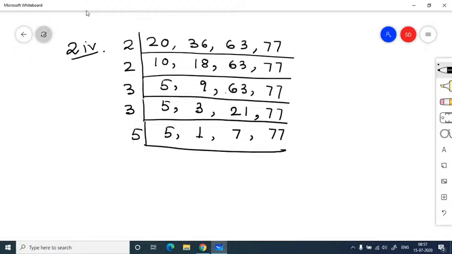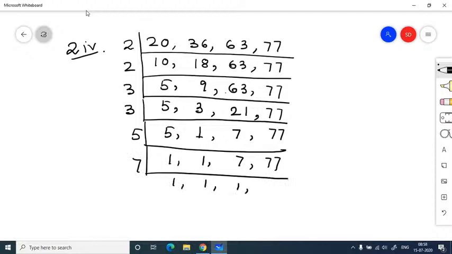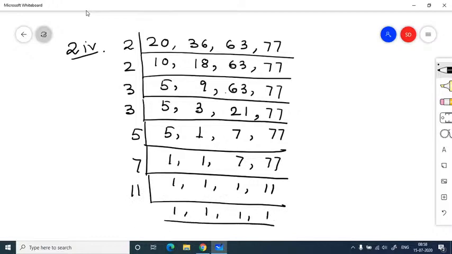Then we have a 5. 5 1s are 5, not divisible, not divisible. Then we will bring in 7, 1, 1, 1, 11, and then finally 11. So we have reached all ones.